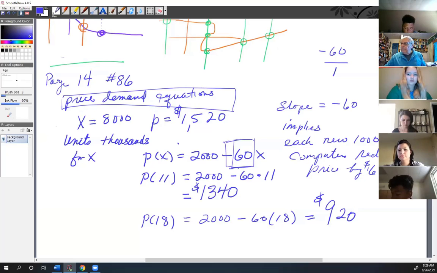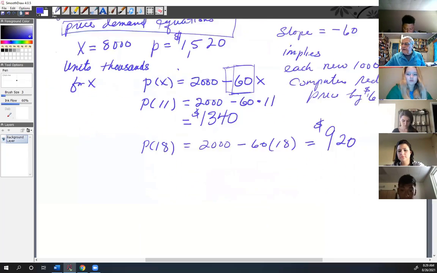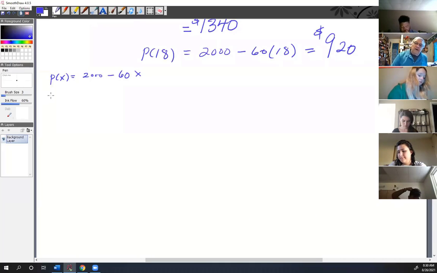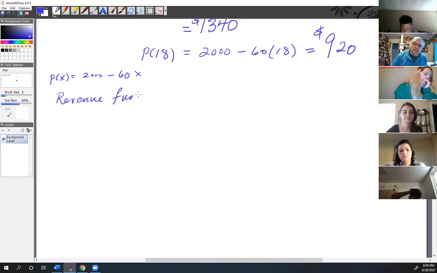Now that we know something about the price demand, and we know where the price demand equation came from, P of X is equal to 2000 minus 60X. What can you tell me about the revenue that this company can expect as it manufactures more or less computers?